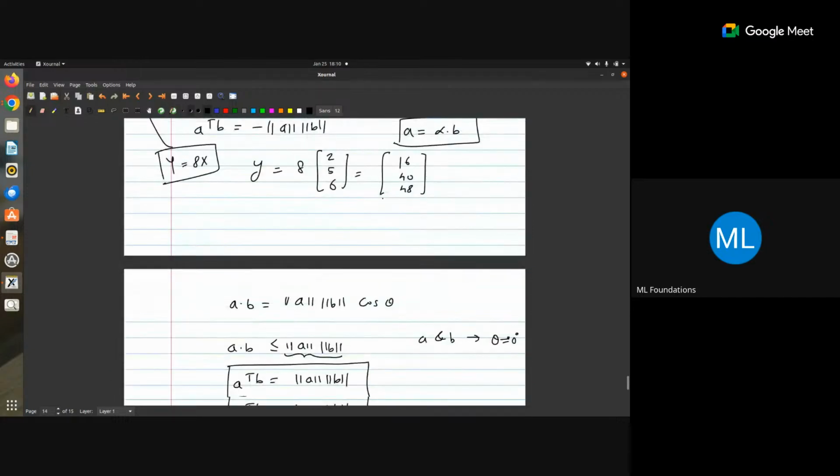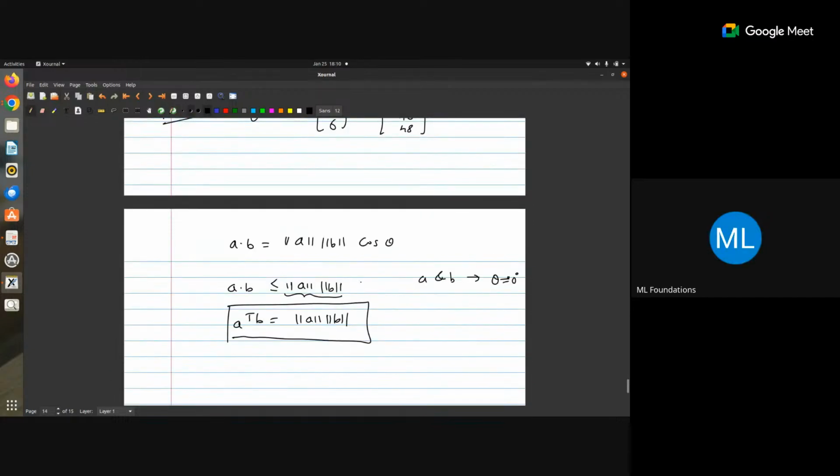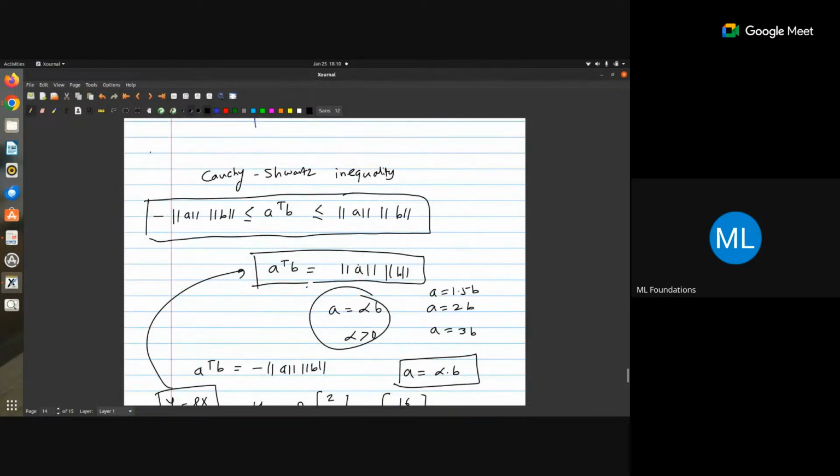And this happens when theta is between 0 degrees and 90 degrees. If it goes beyond 90 degrees, only the sign will change, and due to that, this inequality will change like this. That is what is shown here, this part.